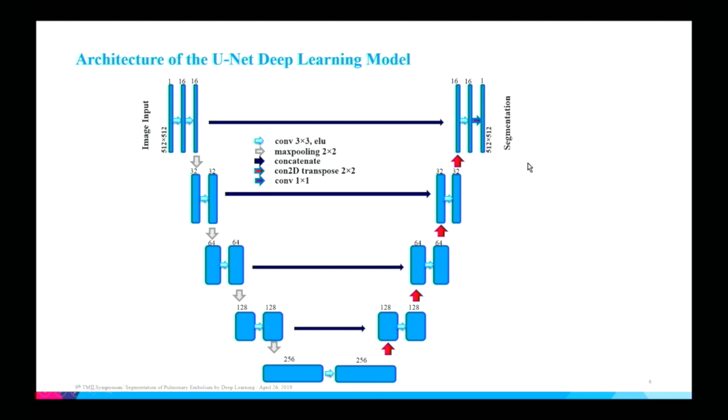And this part is the upsampling process, and it is used for the UNet to learn where the information is. By concatenating where and what the information is at the same level, we can have our output segmentation.